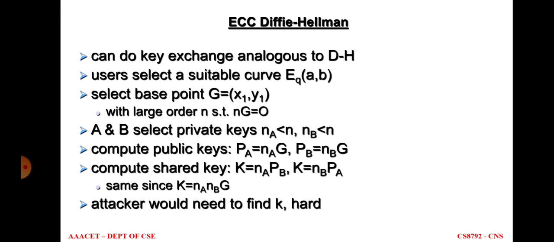NA and NB are the private key values for A and B. But what are PB and PA? PA includes the base point G and PB includes the base point G. The base point G is needed for drawing the elliptic curve. That's why the two concepts are intertwined here.